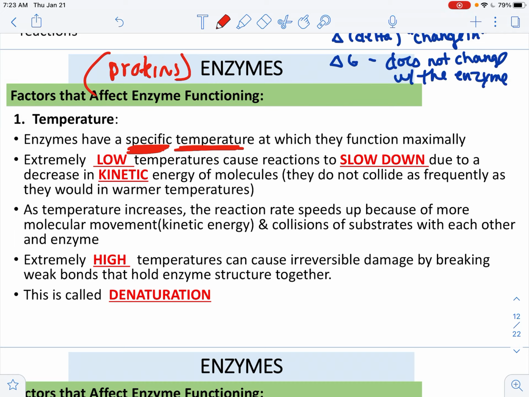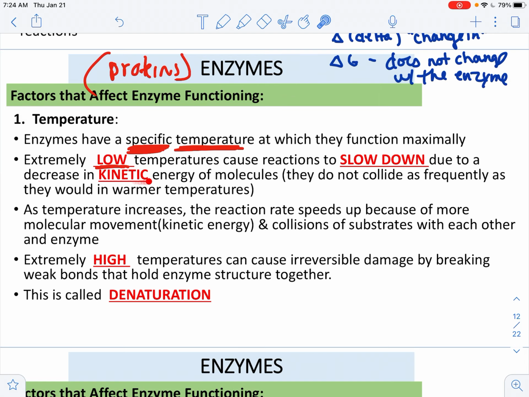Extremely low temperatures cause reactions to slow down. That's true of any reaction. Remember when we were talking about water having a high heat capacity, when you have a low temperature, the kinetic energy of the molecules is slow. They're not moving around as much. As you heat up something, the molecules start moving faster.